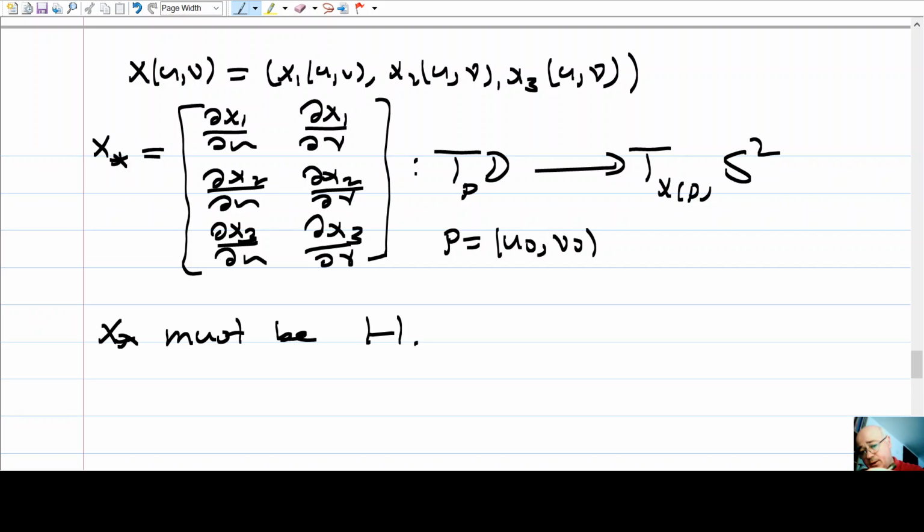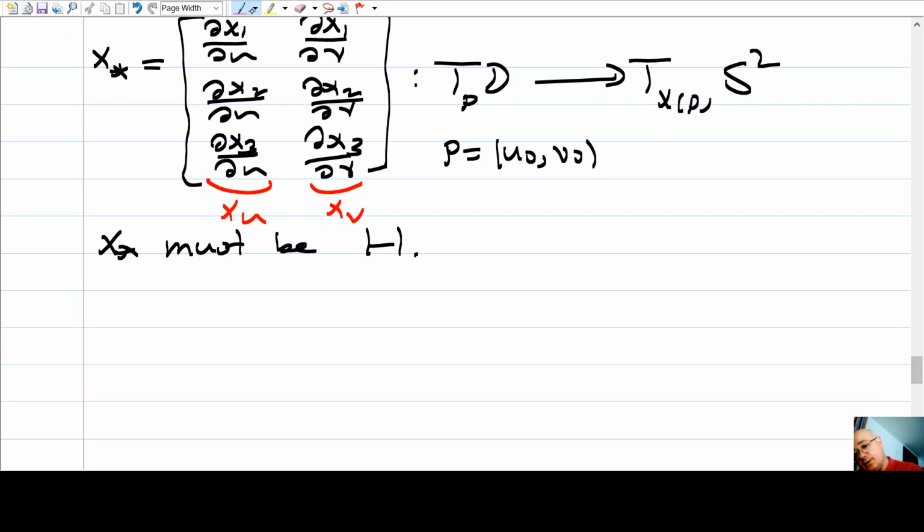These columns are nothing but x sub u and x sub v.